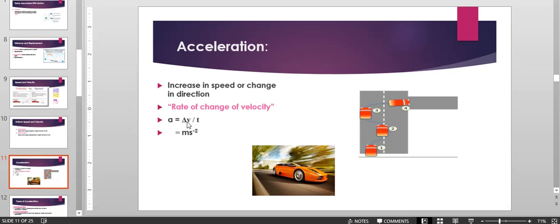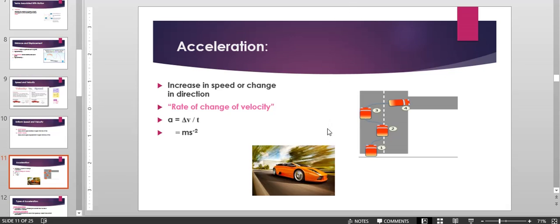Delta v is the final velocity minus the initial velocity of the object, divided by the time taken. So the unit of acceleration is meter per second square.